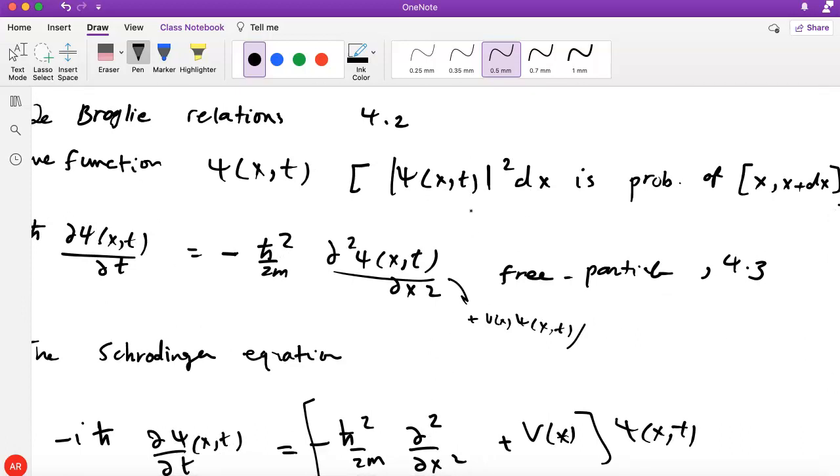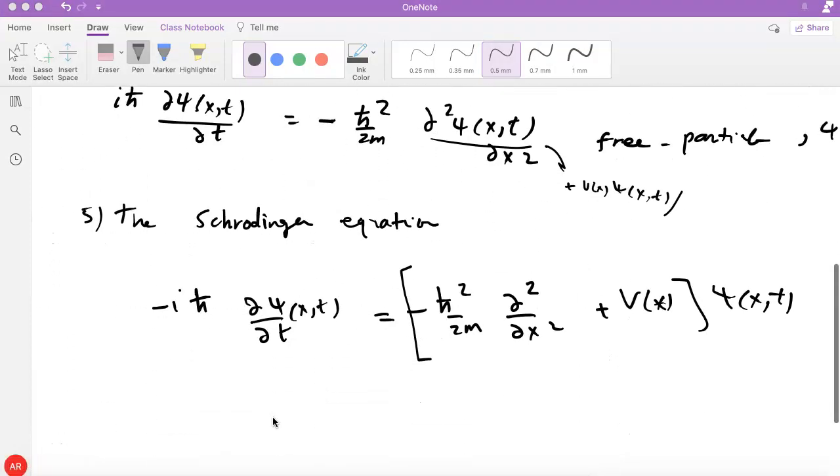To be in a finite interval, we talked about integrating that probability density to find the probability of being in some interval between A and B. We also talked about finding the average of position, right, where we multiplied the probability distribution by x and performed that integral to find the quantum average.